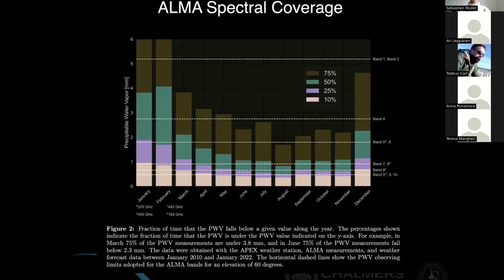In the proposer's guide, there is information on the fraction of time with certain values for the water vapor levels at different times of the year. So then you more or less know when the best conditions are to observe at a certain frequency in a certain configuration.